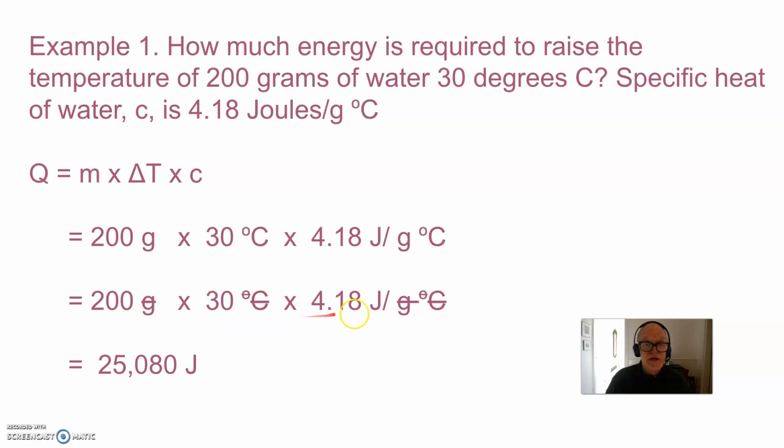Here's how the units of measure cancel out. And we do the calculation, 200 times 30 times 4.18. There's 25,080 joules transferred. Joules is a unit of measure that's used to measure energy.